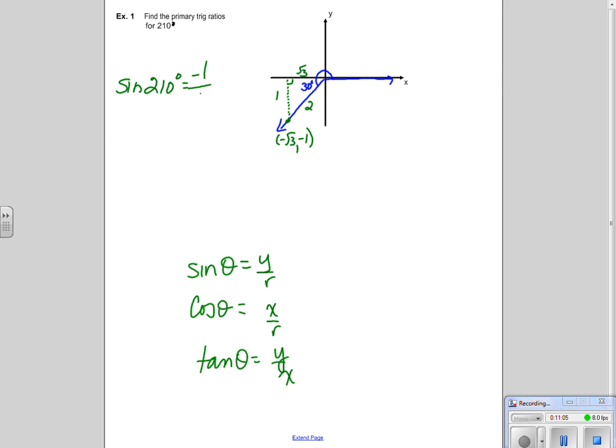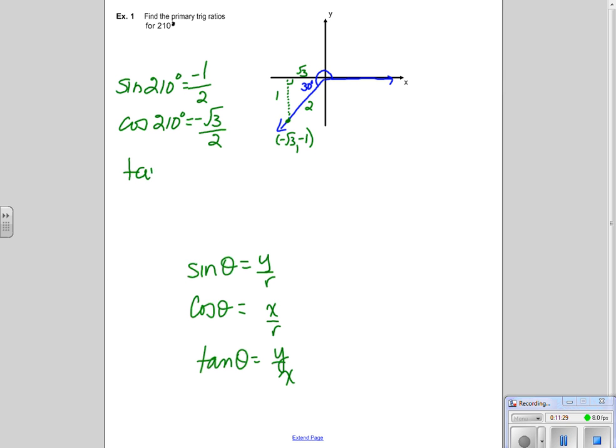My r value is 2. So the sine of 210 degrees is negative a half. The cos of 210 degrees, which is x over r, is negative root 3 over 2. Notice that r is always positive. R is the length of 0, 0 to the point, and that length is always positive.